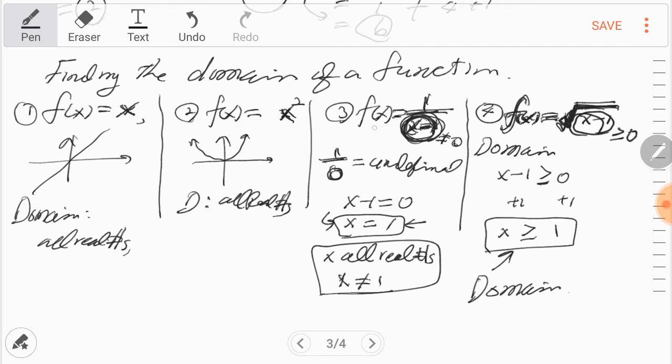For number 3, if this is a rational expression, a fraction, then make sure those x values whose denominator becomes 0 are not included in the domain. For a square root symbol, make sure the expression inside the square root symbol has to be greater than or equal to 0.